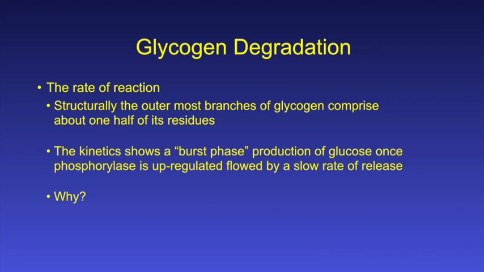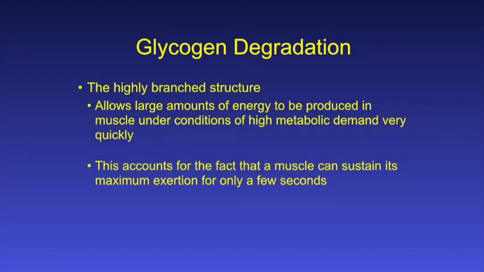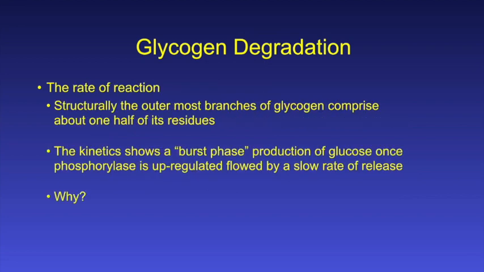Because we have all those branch points, we show a burst phase of production, and then it slows down. The reason is phosphorylase is fast, debranching is slow. In any process in which you have multiple enzyme steps, the slowest step takes over the rate.